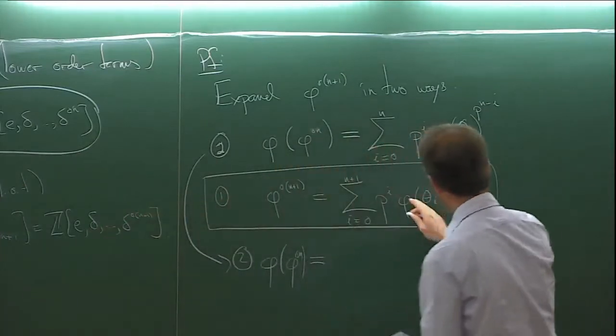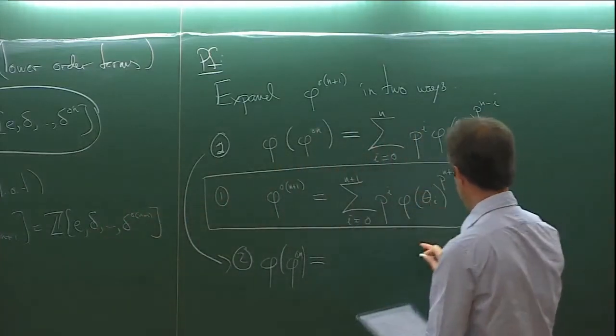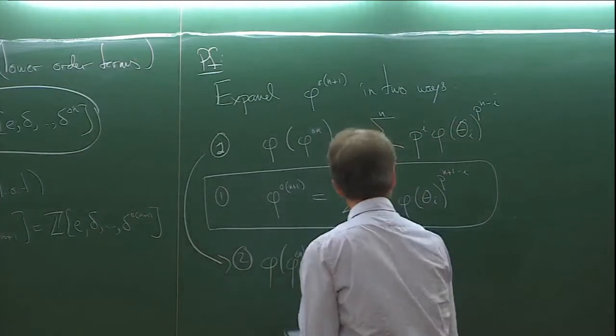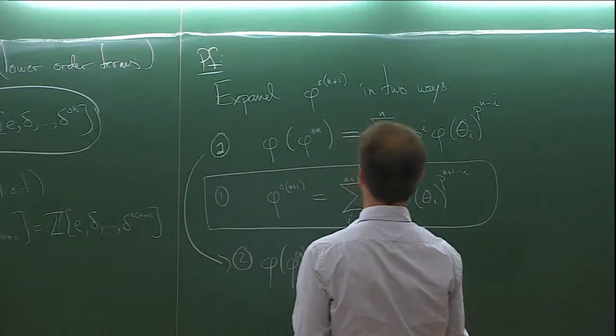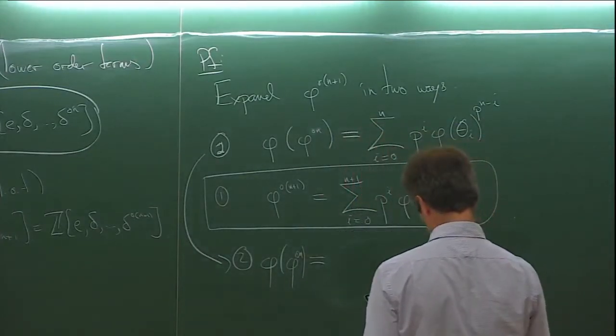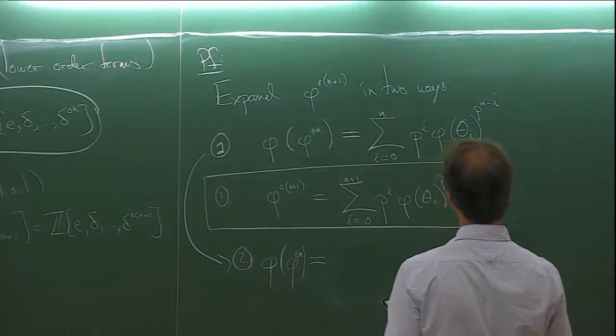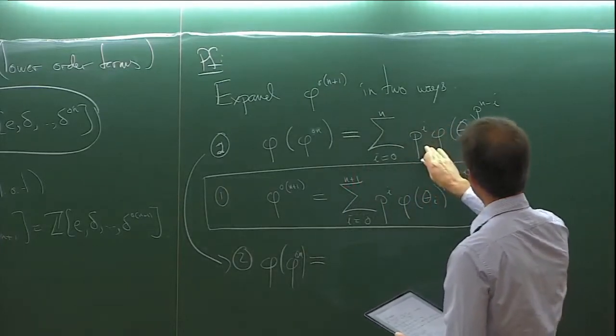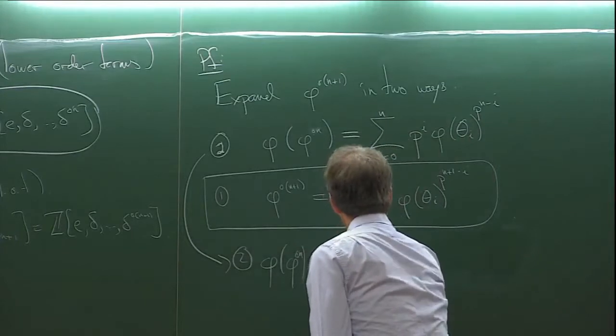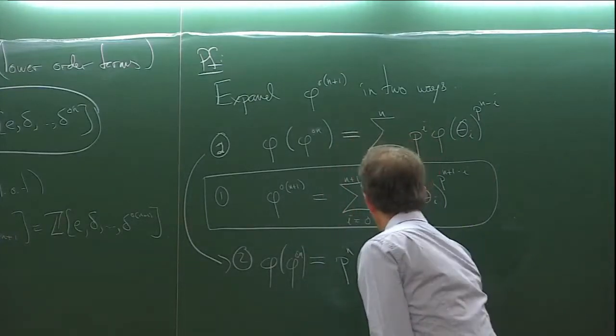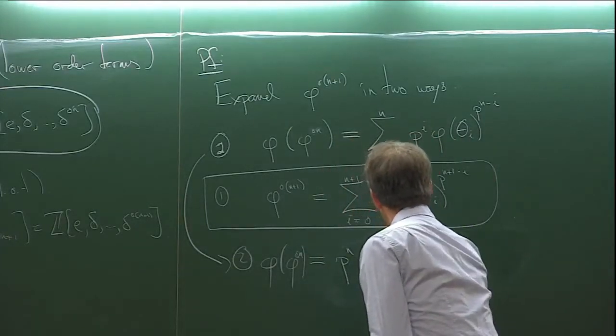So first I want to take one term out of this, the final term. So that's p to the n times phi of theta n.